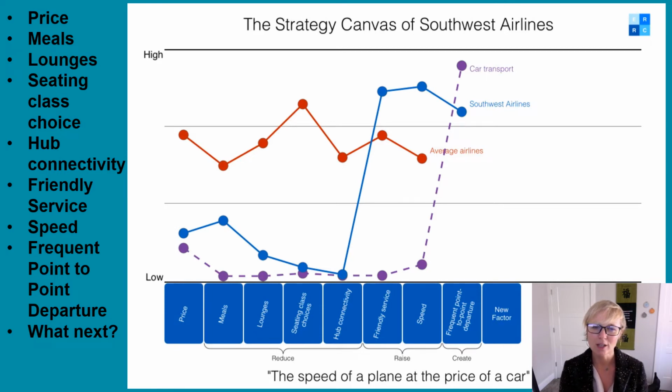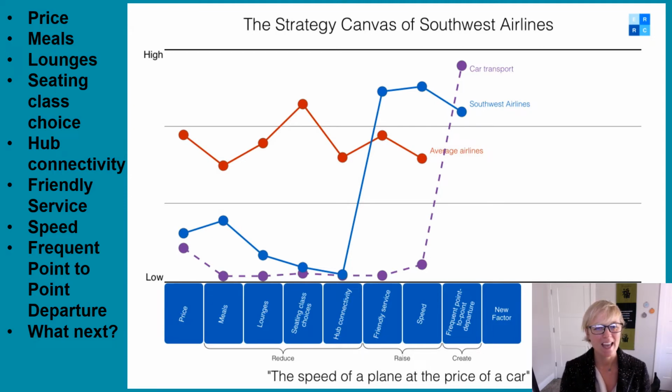And what they were looking to do actually was change their competition. So they were looking to change who they were competing with in the world of transportation, not just in the world of air transportation.